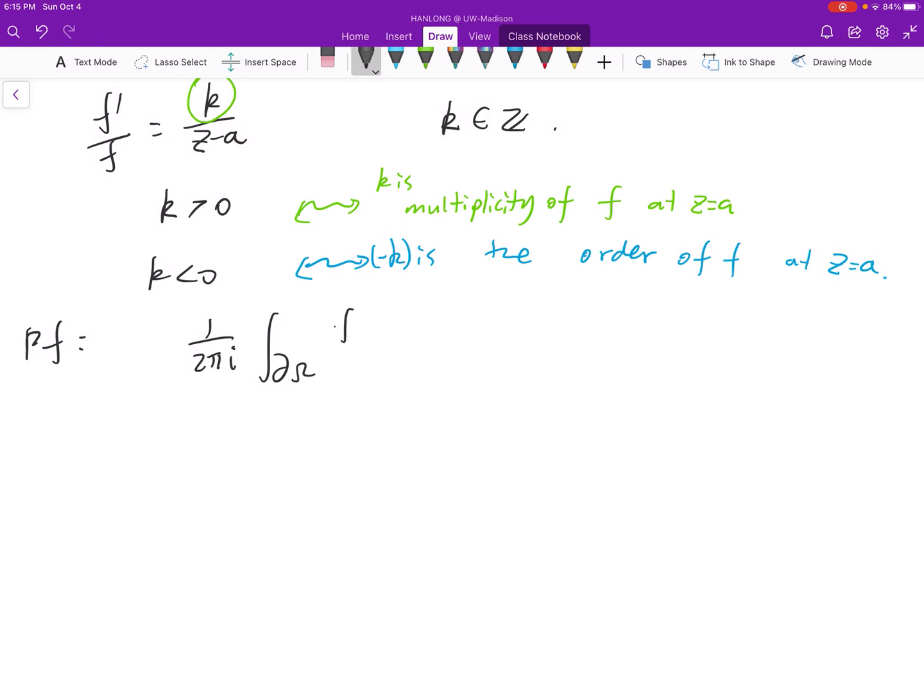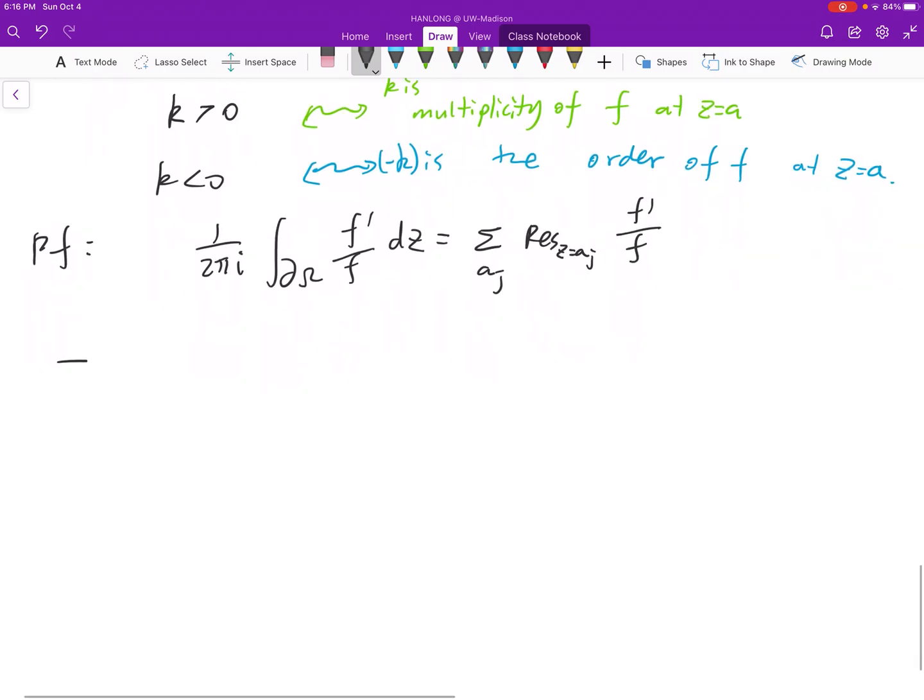So when you do this integral, because of the assumption, f prime over f is continuous on the boundary, so you can use the residue theorem. On the other side, you have the residues at z equals a_j of f prime over f. And then for the geometric meaning, you separate it into two parts.